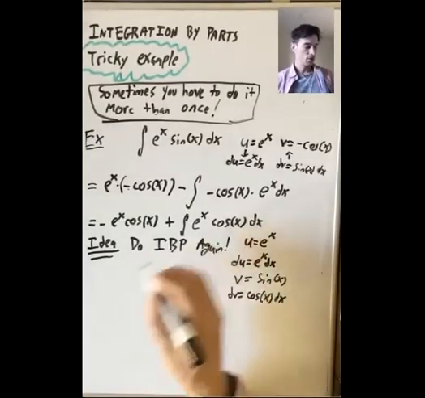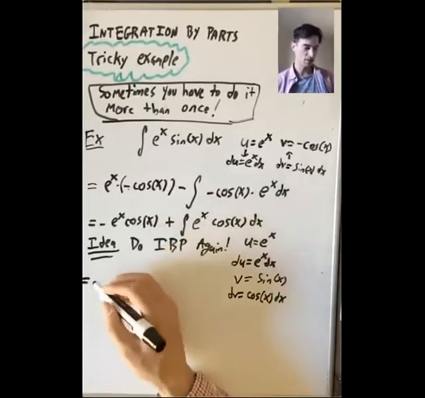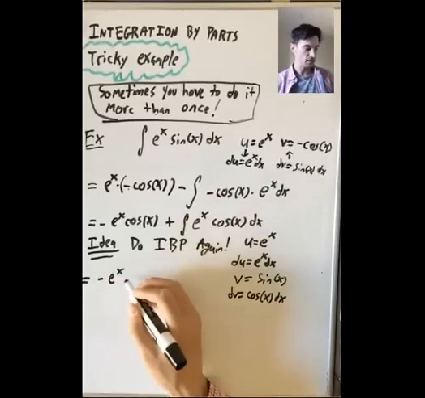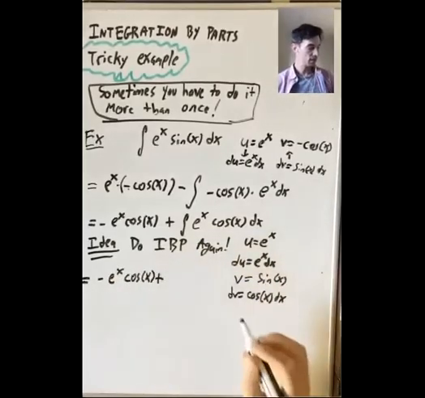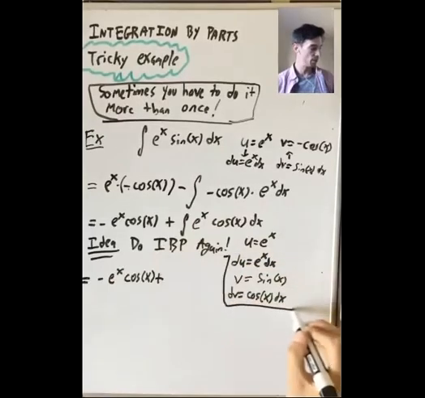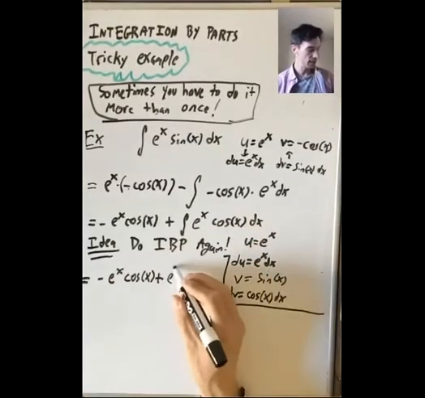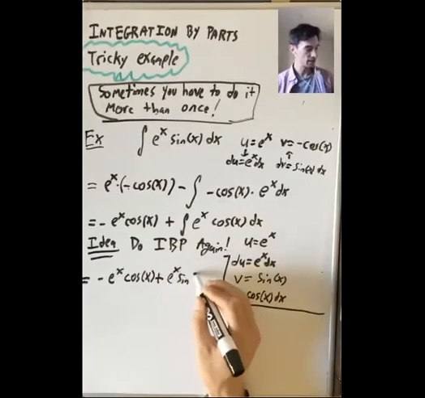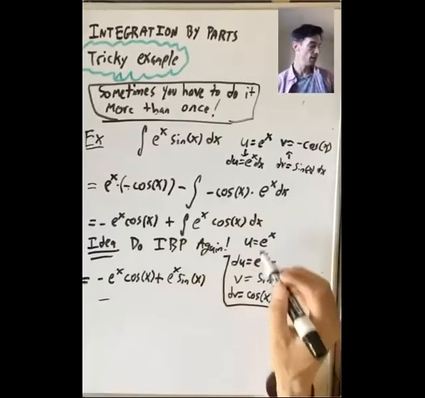All right, so where does that leave us? Well, the first part of our integral doesn't change, this product. We get negative e to the x cosine x plus, now we've applied integration by parts to this second integral, and we get uv, e to the x sine x, minus the integral of v du.